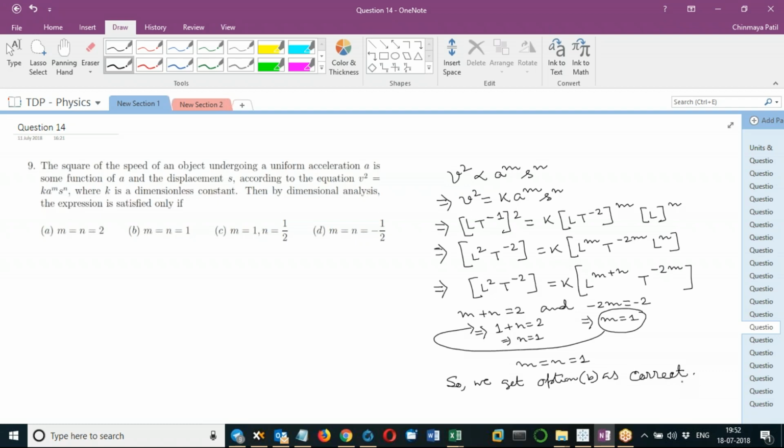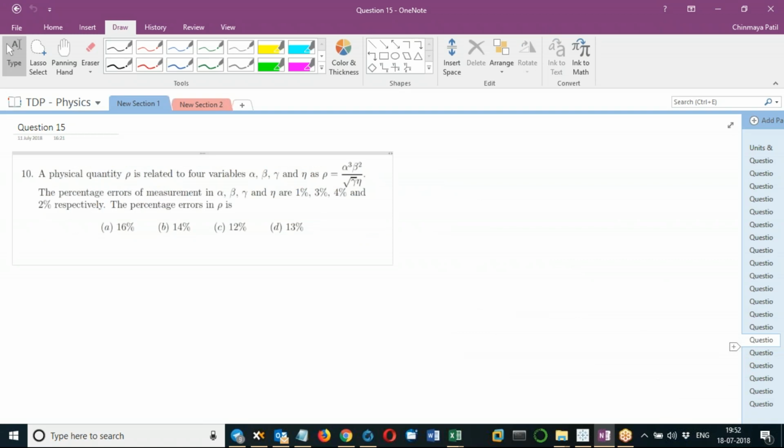Now let's go to the next question, that is question number 10. The question is: a physical quantity rho is related to the four variables alpha, beta, gamma, and eta as rho is equal to alpha cube into beta square by square root of gamma into eta.